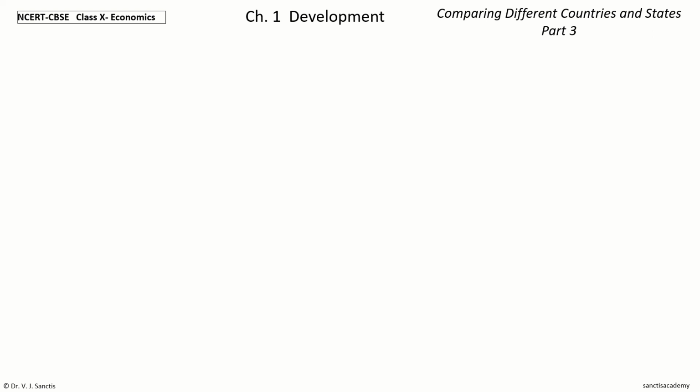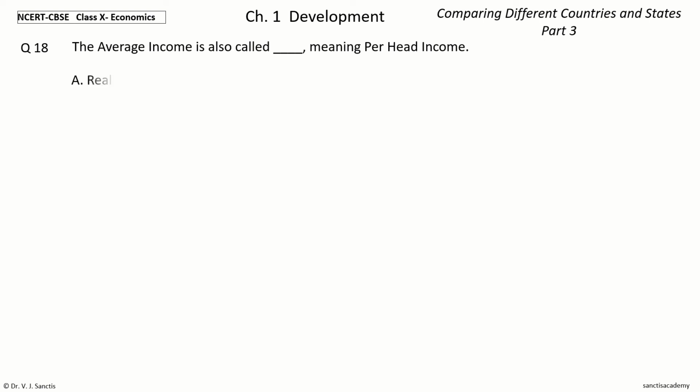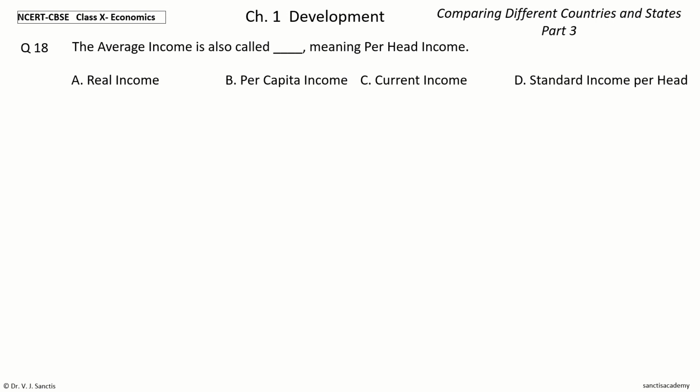Next question, last question, 18. The average income is also called dash, meaning per head income. The options are real income, per capita income, current income, standard income per head.